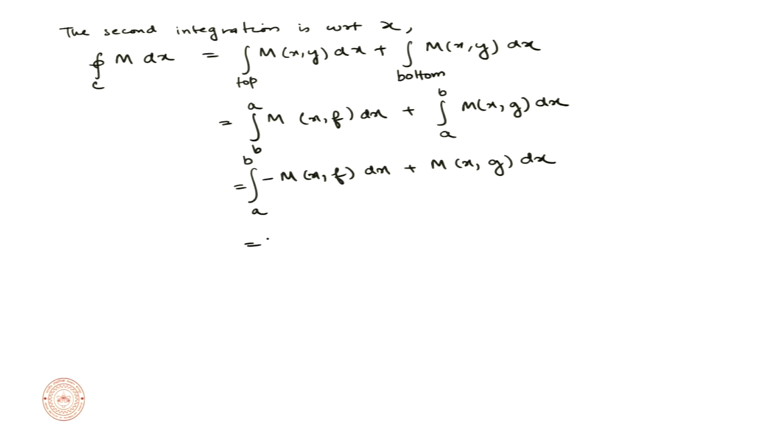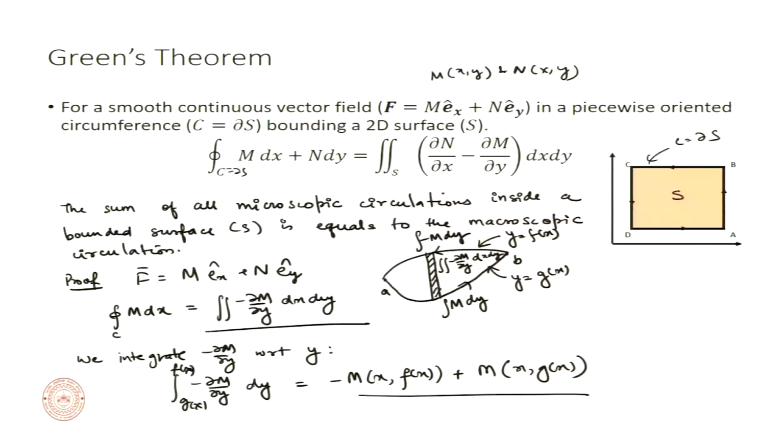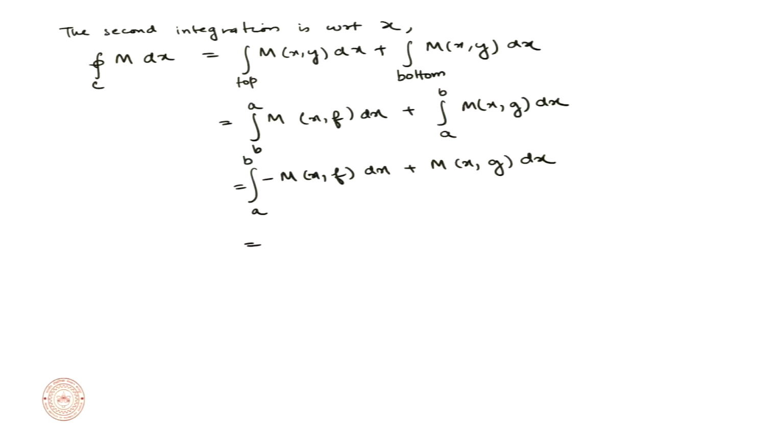Now, if we see the last expression, this expression was equal to the integration from g to f of minus del m by del y dy. So, we can substitute. So, substituting minus m of x comma f plus m of x comma g is equal to the integral of minus del m by del y dy from g to f, if I am not very wrong, yes, from g to f.